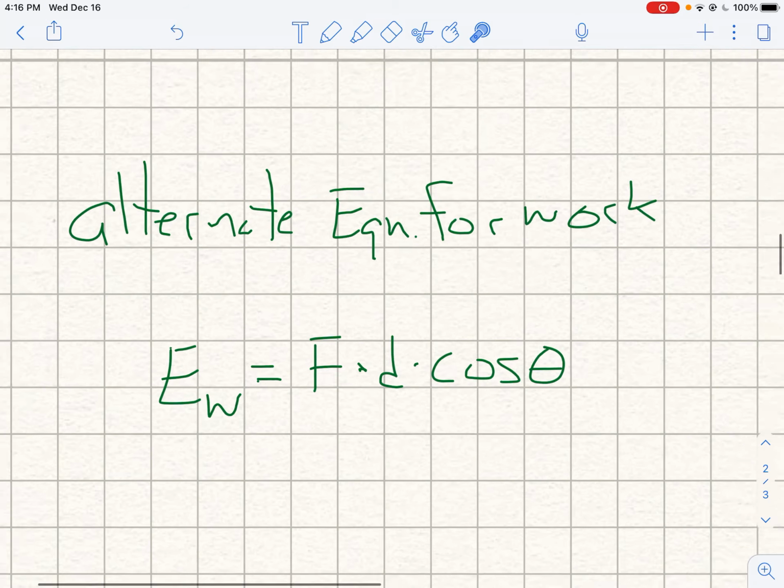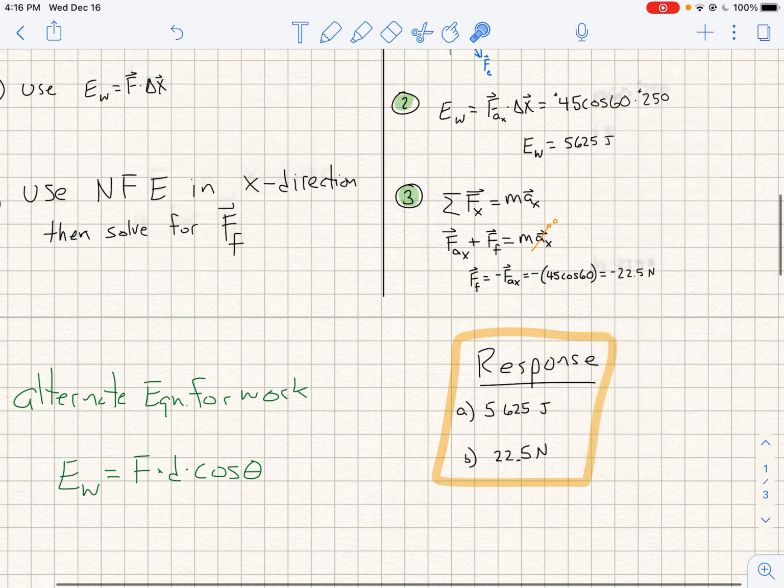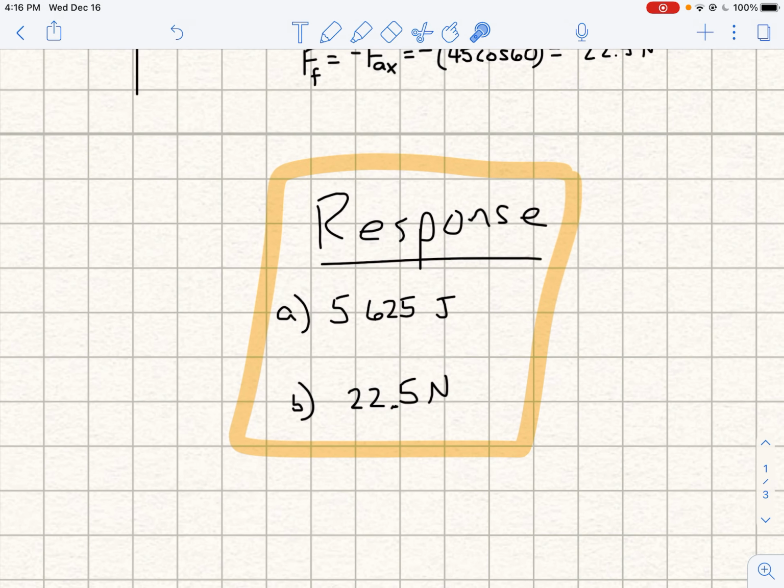And if you noticed, this is actually exactly what we get right here. Here's the force, there's our displacement or our distance, and then there's the cosine of the angle. So this is just in a different kind of order, but order doesn't matter with multiplication. So this actually turns out to be the exact same thing we did as well. So either way would suffice here, but in the end, it's all going to work out, and these are what we should get for our responses.